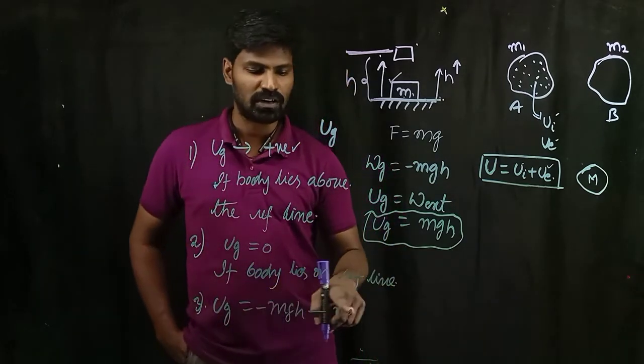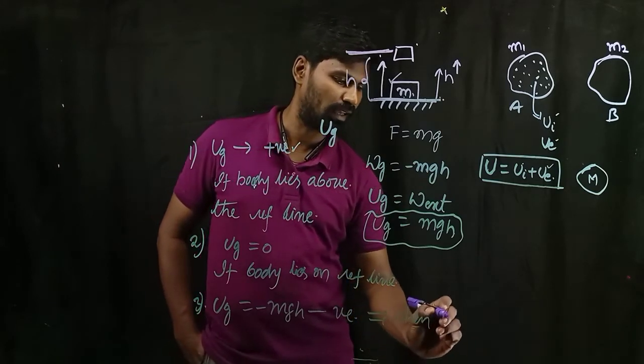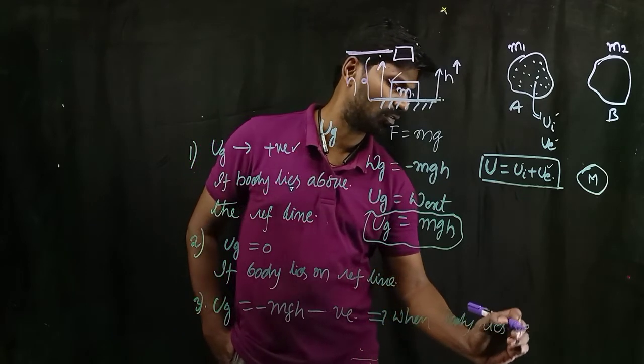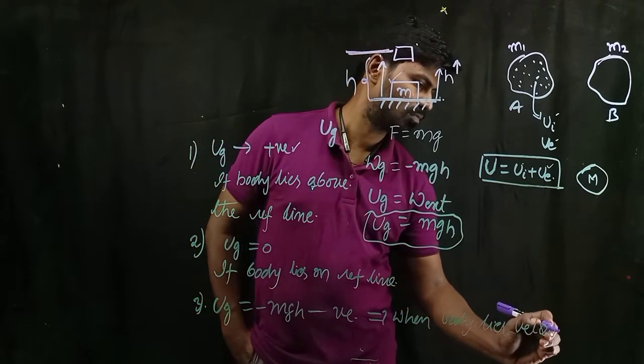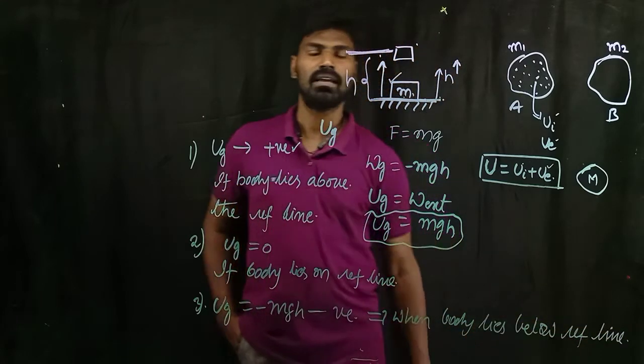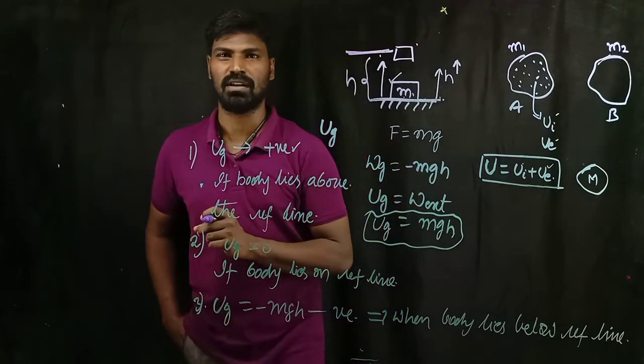So gravitational potential energy is negative when the body lies below the reference line or datum level.